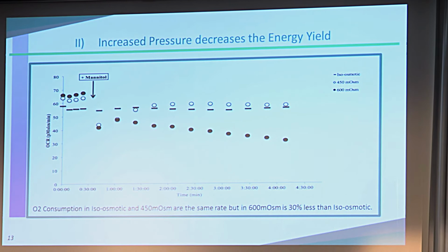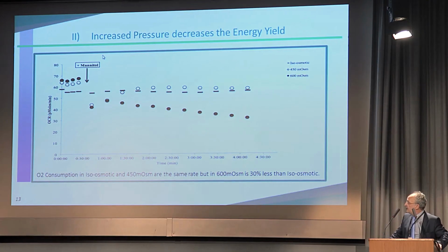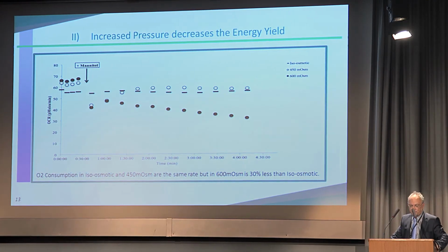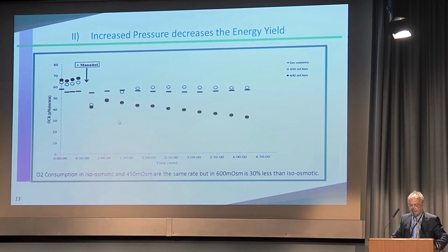So we tried now to see if we can induce the Warburg effect with pressure. I'm just going to show you one slide. It's data I got from Frédéric Bouillot from Cochin 2 days ago. If you put the cells, and these are regular CHO cells, on mannitol, so if you increase pressure, you will see that the cell respiration goes down.